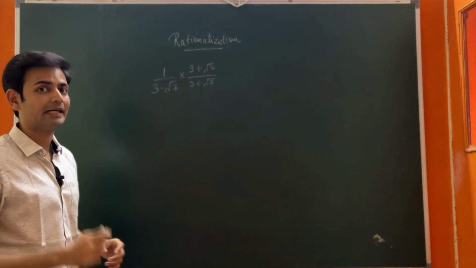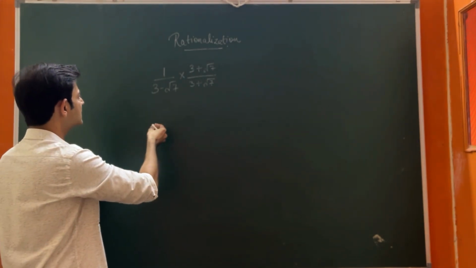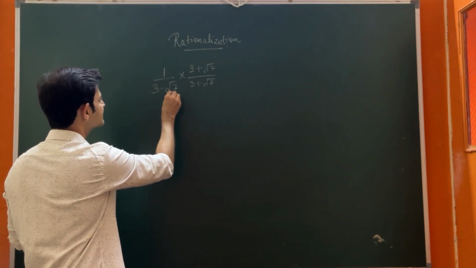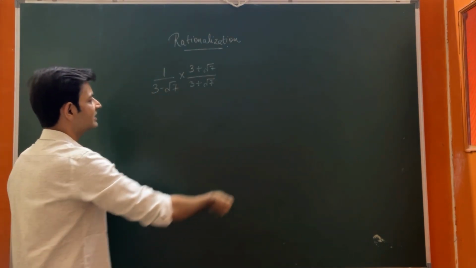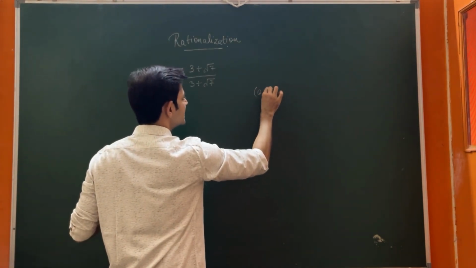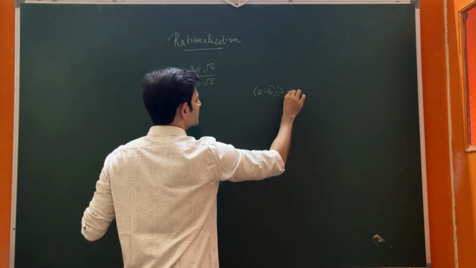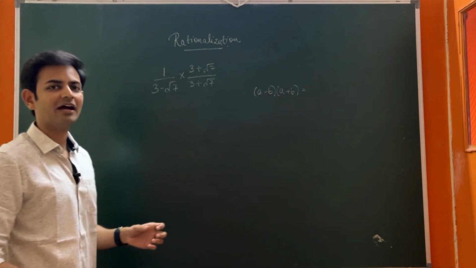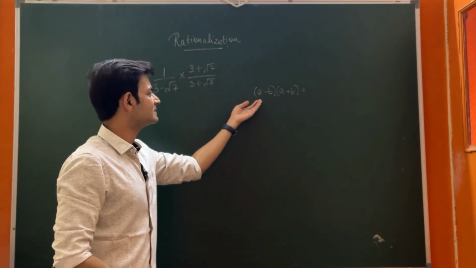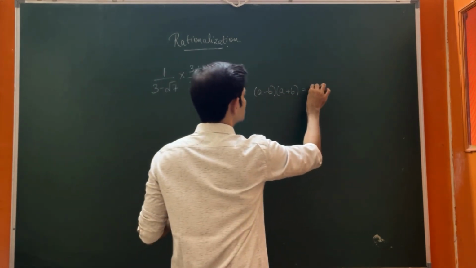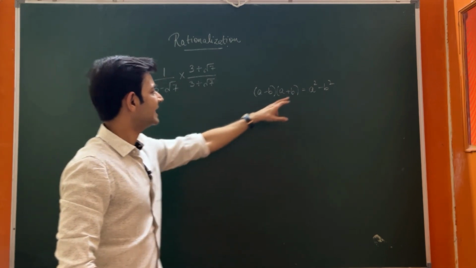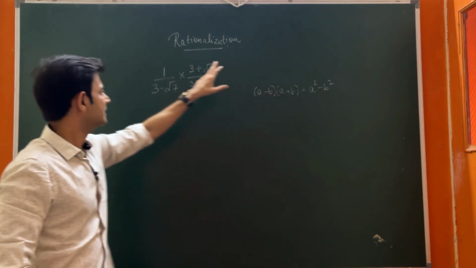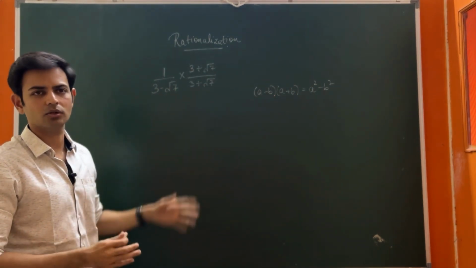Now why are we doing it? If you see here, this looks like a minus b into a plus b. If I multiply these two, this will give me the form a minus b into a plus b. We already know the identity that a minus b into a plus b is equal to a square minus b square. So once I have b square here, automatically this root sign is not there anymore.